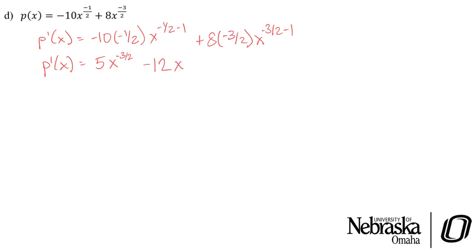And then negative 3/2 minus 1 will give us negative 5/2. Last step, we can put our negative exponents back in the denominators. It's not required, especially as you see the original problem has negative exponents in it. That should be positive there. It's not required, but if you would like to, you can. Either way is fine.